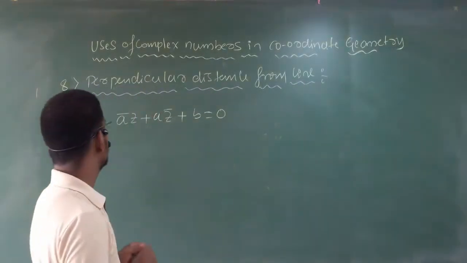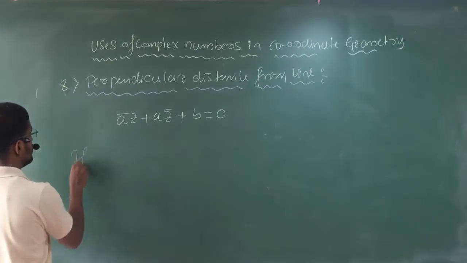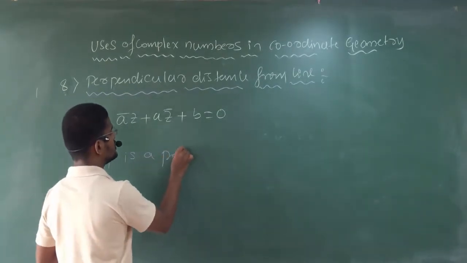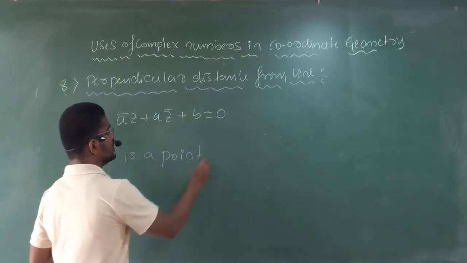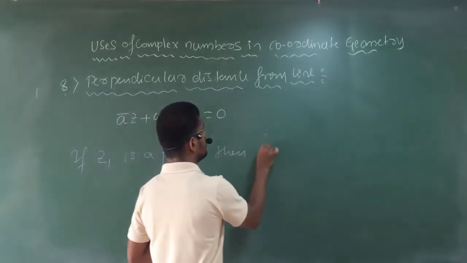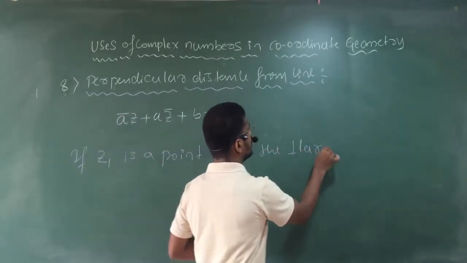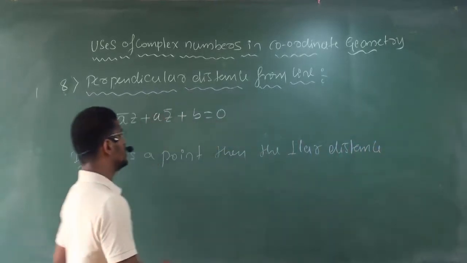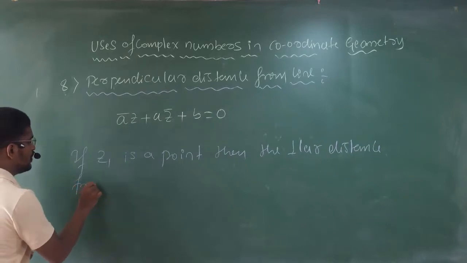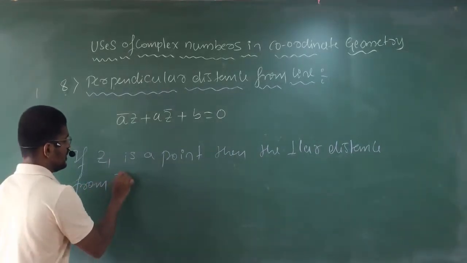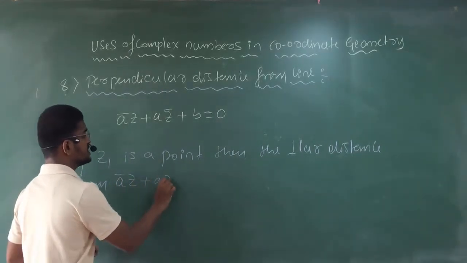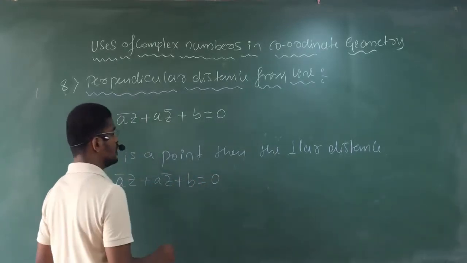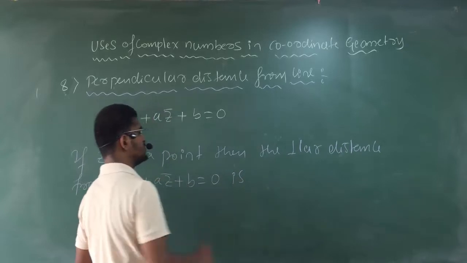That means if Z1 is a point, then the perpendicular distance from your line A bar z plus A z bar plus b equal to 0 is what?